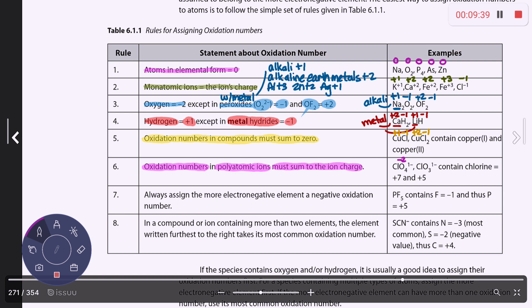You always know oxygen and hydrogen. Okay, so you generally assign those first, and then you go and you calculate the other one. So chlorine plus, I have 4 oxygens at a -2, add up to this charge on the polyatomic ion, which is a -1. So this would be Cl - 8 equals a -1. Chlorine would be a positive 7.